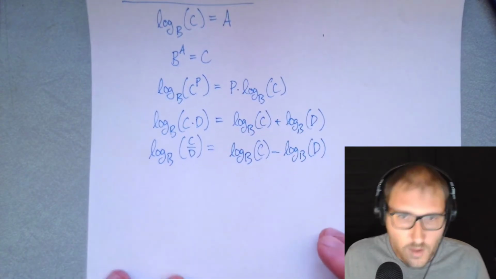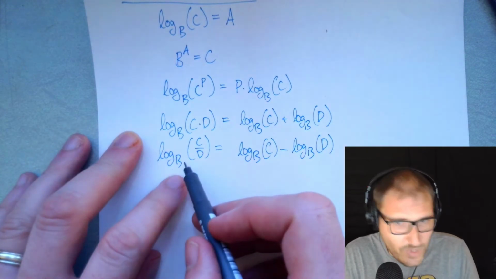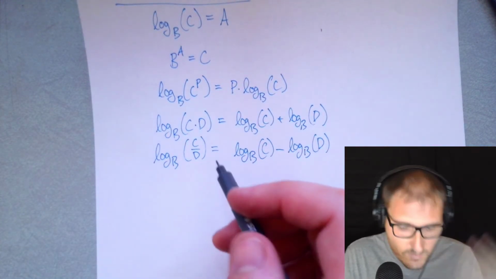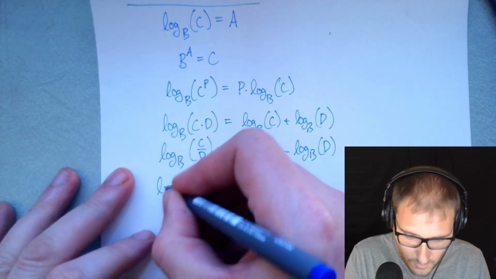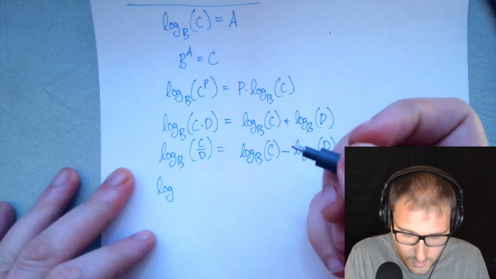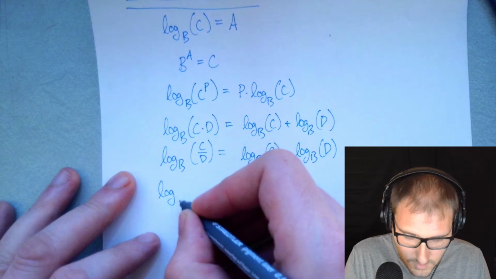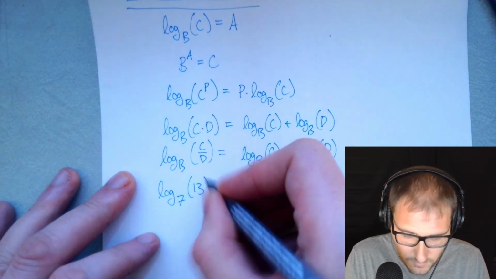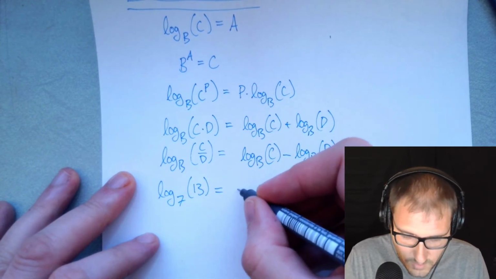There's one thing that doesn't come up all that much, which is what happens if you don't need something base b, and you need something base 7 or something. Let's just make something up: log base 7 of 13. This is an identity. I won't prove it to you.